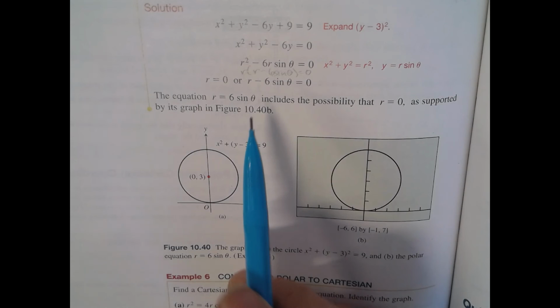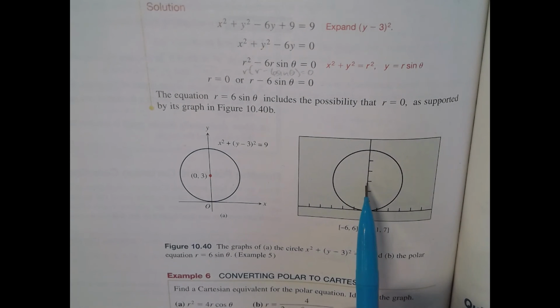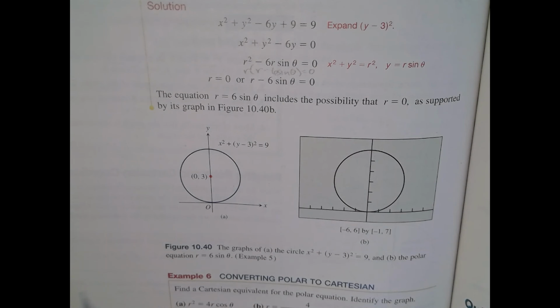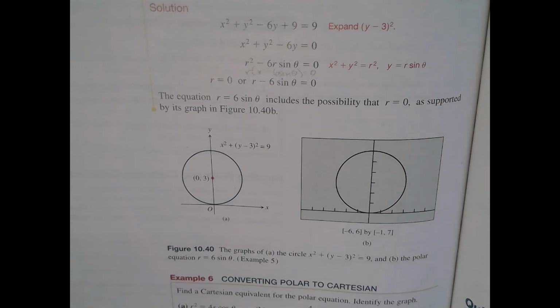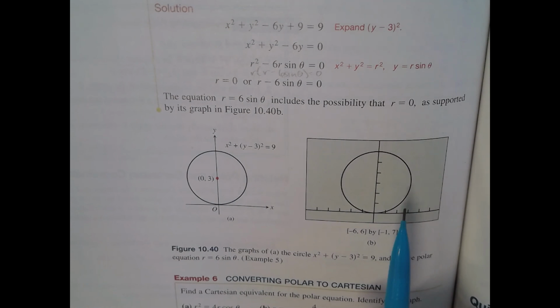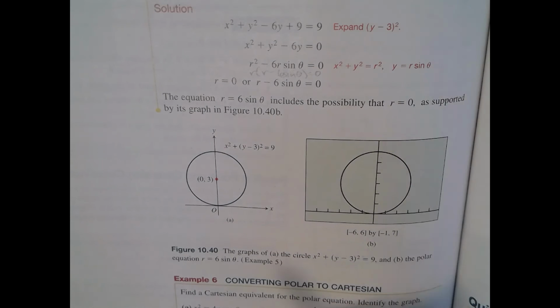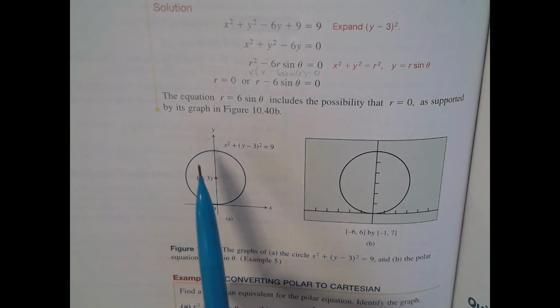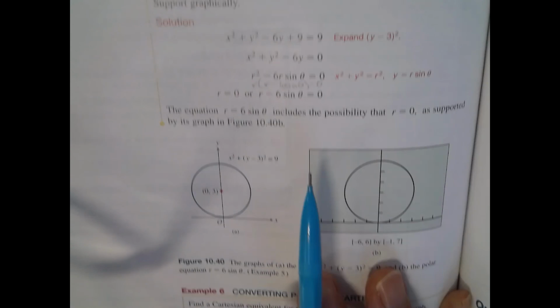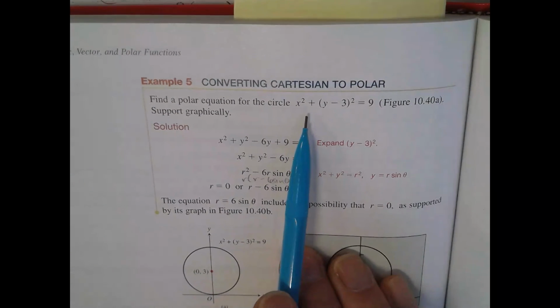That is this circle with the center at 0 comma 3 with a radius of 3. That circle goes through the pole, so it would be redundant to include r equals 0 and this one, because r equals 0 is a part of it. So then you can just say that this would be the best polar equation to represent that Cartesian circle.